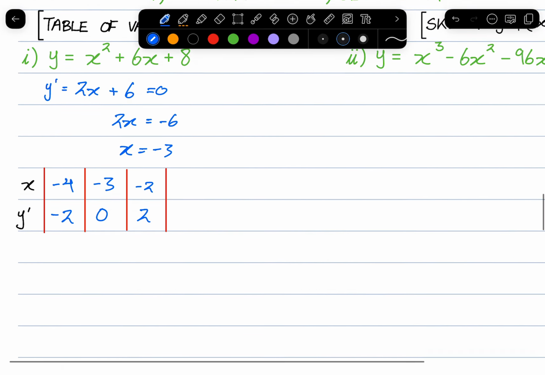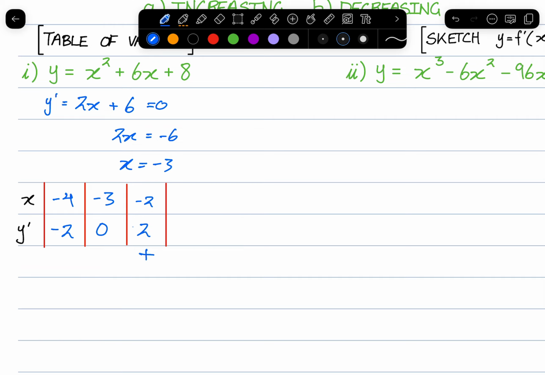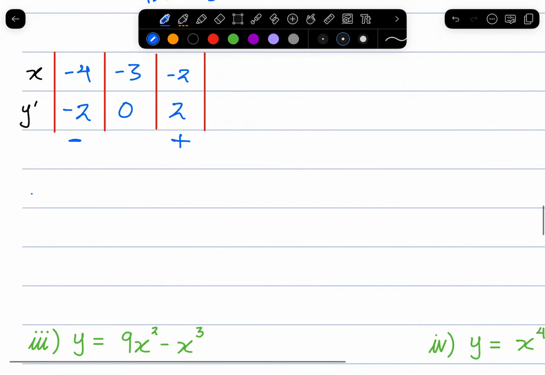Now from here, we can see that x values above -3 give us positive gradients. And x values below -3 give us negative gradients. And so we can answer this now.